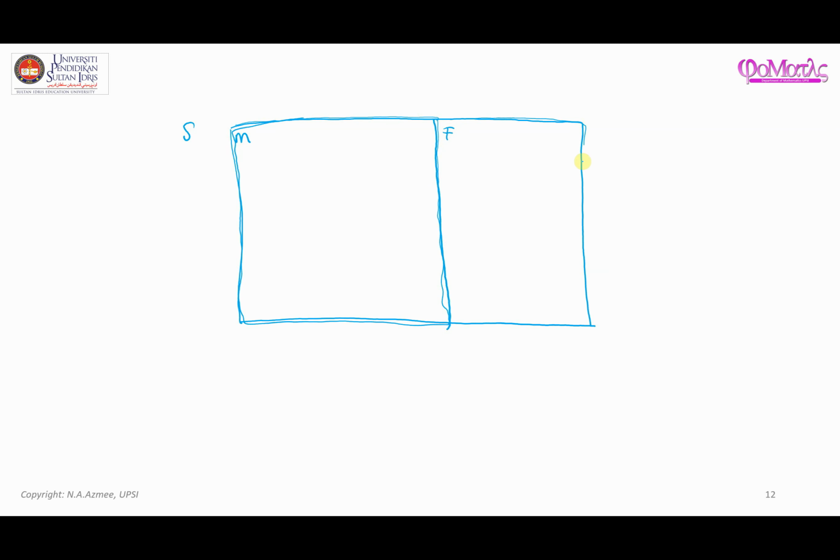Maybe we are going to use a different color just to illustrate the process. The blue line here is the sample space, and it consists of two events, male and female. They have no intersection between them. They are mutually exclusive.